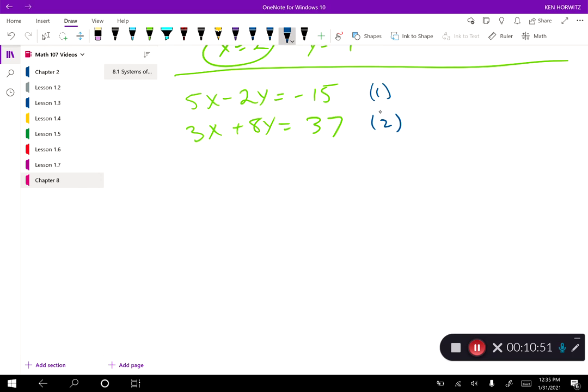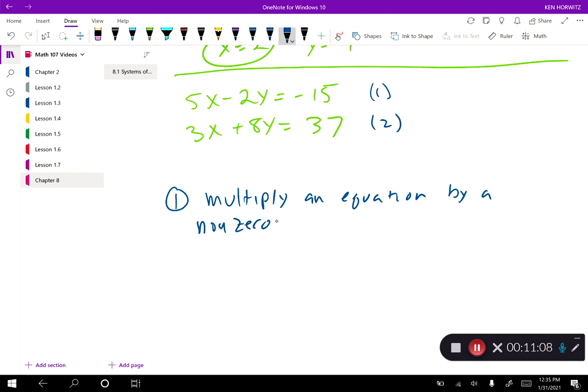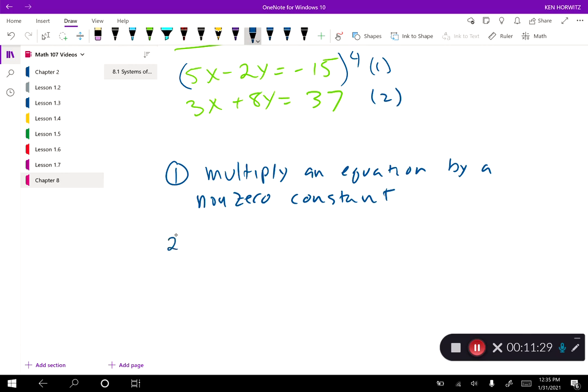So there are a couple of options of things that we can do with this. Number 1, we can multiply an equation by a non-zero constant. So for example, if I were looking at this particular one, I would multiply equation 1 by 4, and I will discuss why I would do that in just a minute. The second thing we can do is interchange the two equations.